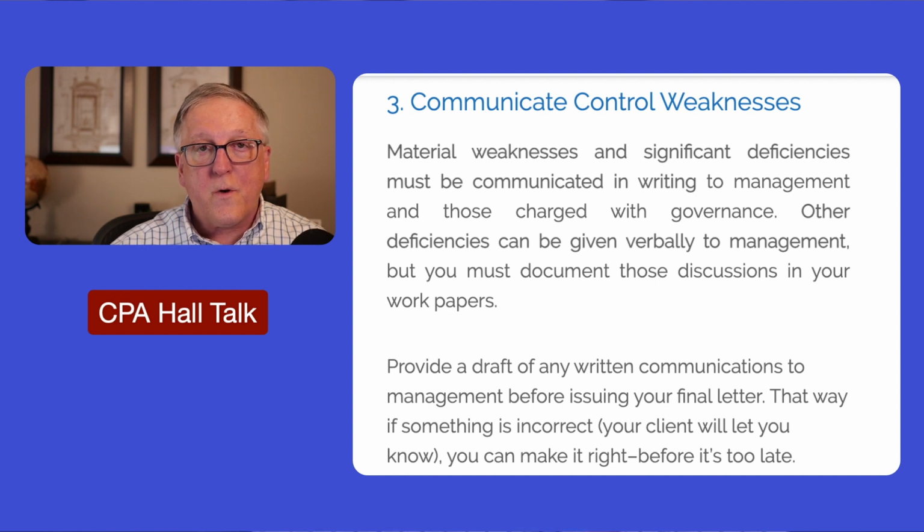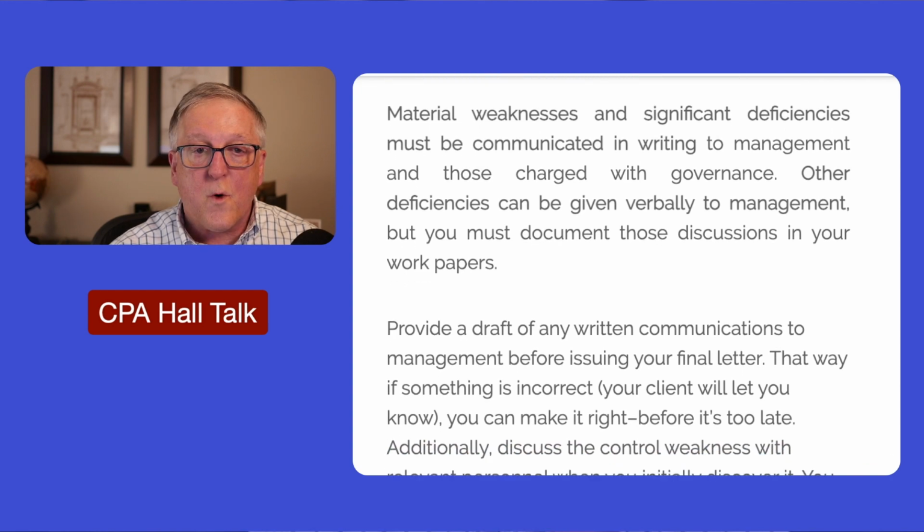So you'll want to create a letter that communicates these weaknesses. If you have other deficiencies, those that are not material weaknesses or significant deficiencies, you can put those in writing or you can just communicate verbally. If you elect to communicate the other deficiencies verbally, then you want to document those discussions in your work papers.